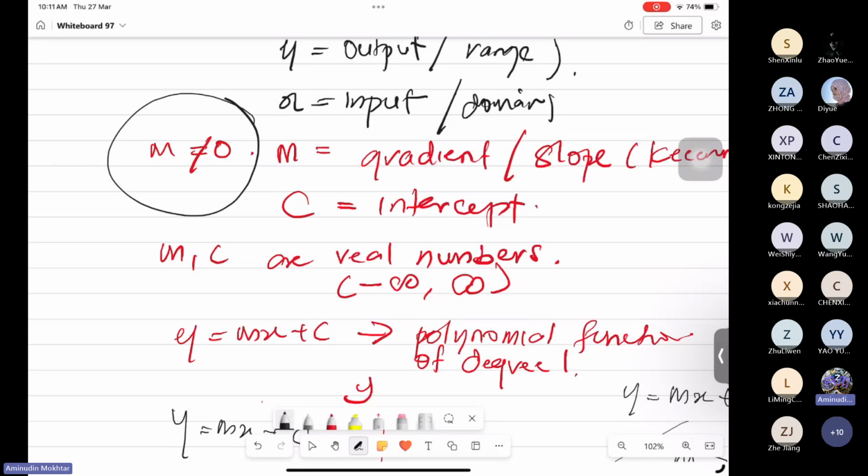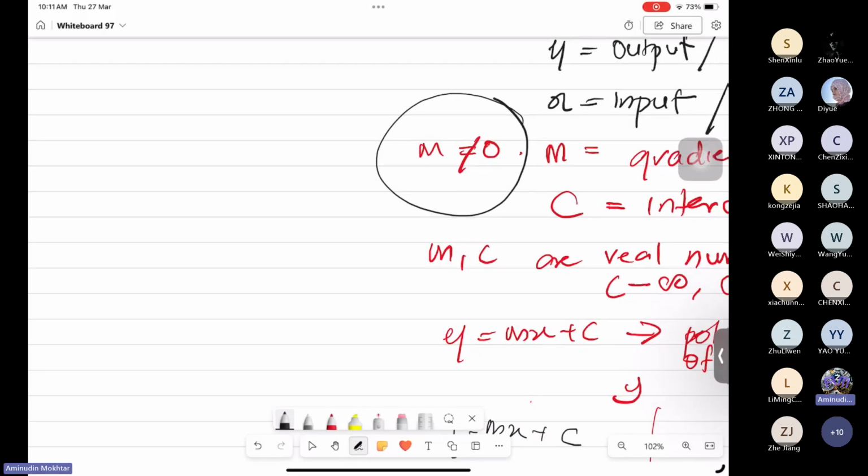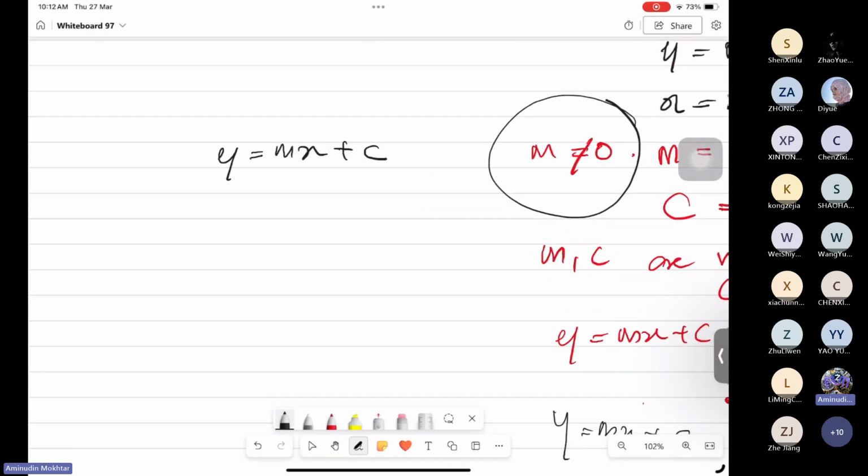Why? Because if the value of m equals 0, what is the linear function? y equal to mx plus c. When m equals 0, what happened to this function? y equal to 0x plus c, so y equal to c. M disappears. This function does not have m, because m equals 0.